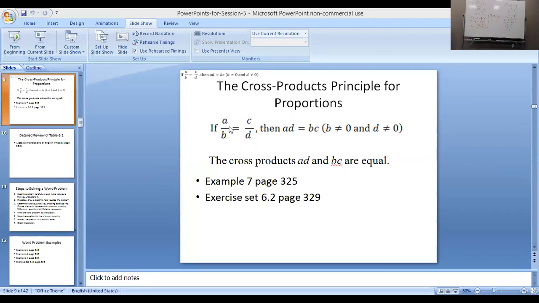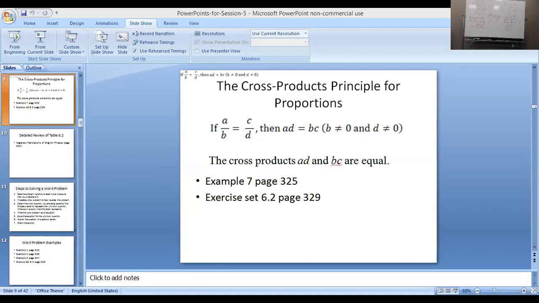If we have A over B, as you can see in your PowerPoint, is equal to C over D, then take this multiplied by D, these two sides. AD is equal to BC, okay? The cross products AD and BC are equal.